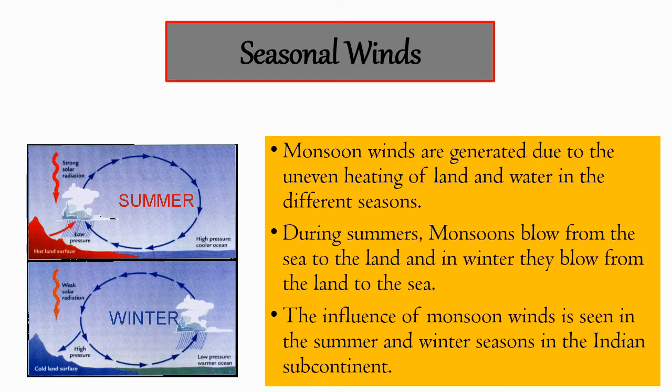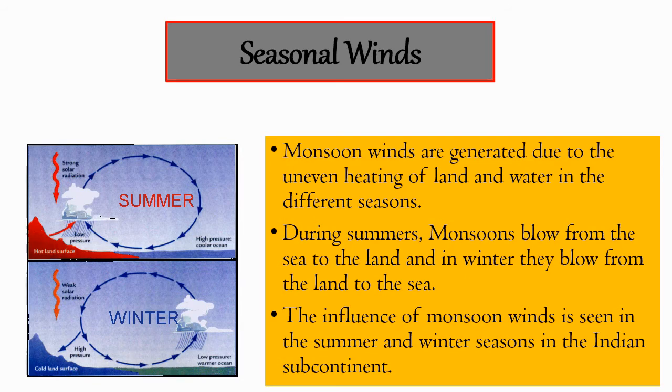Monsoons usually blow from the land in winter, that is called the dry phase, because the wind is composed of cool dry air, and from water to the land in summer, which is called the wet phase because the wind is composed of warm moist air, causing a drastic change in the precipitation and temperature patterns of the area impacted by the monsoon.